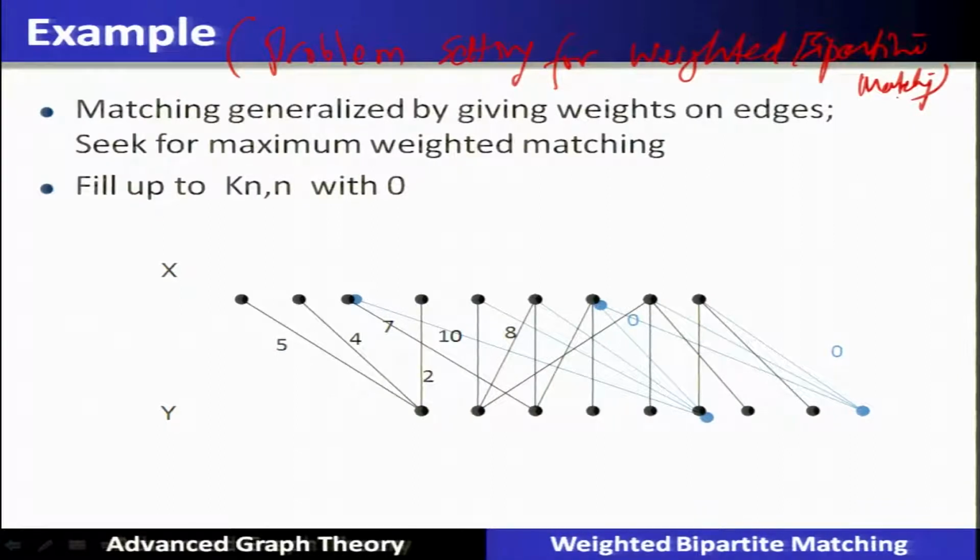So, this particular graph, you see that it is a K_{n,n} graph, and these edges which were not there were added with weight 0 to make it a complete bipartite graph.